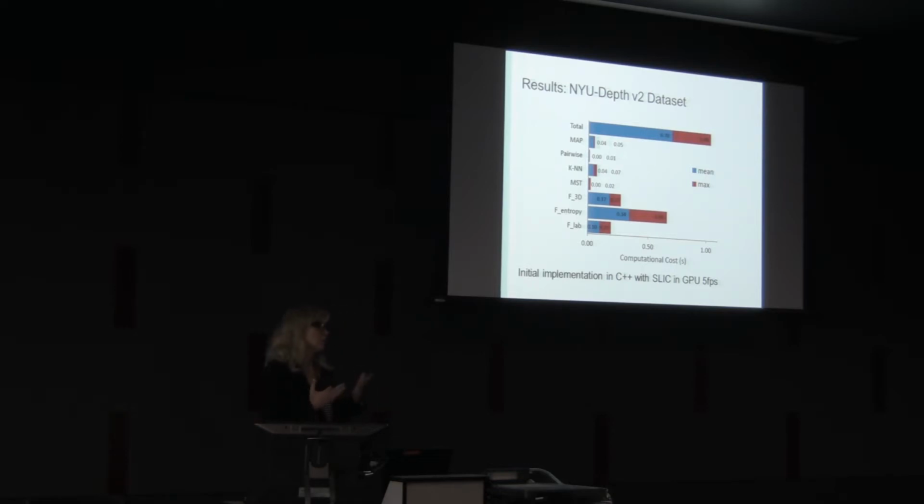So it's not quite real time, but it can run in close to real time without any extra effort in implementation. And there was some follow-up work on implementing some of these modules on GPUs and more code in C++, and then it can run at about 5 frames per second.